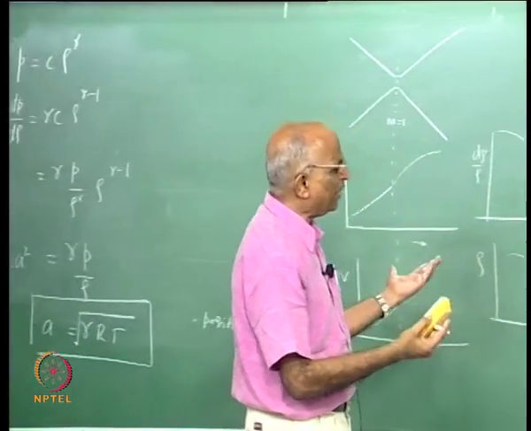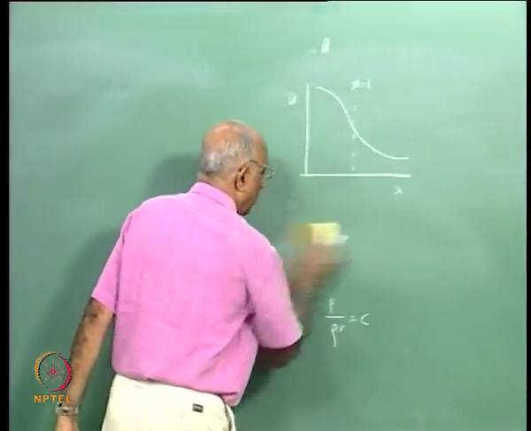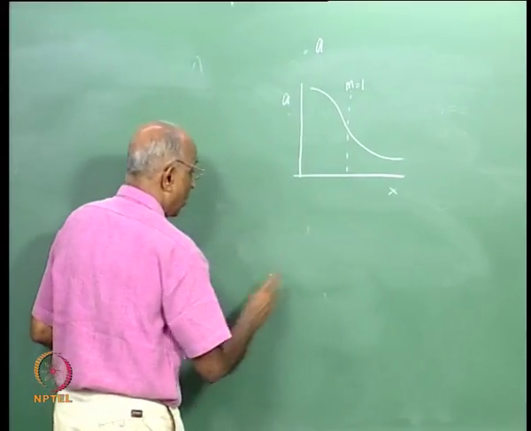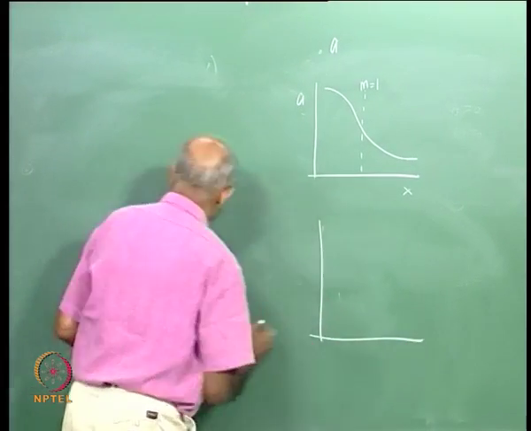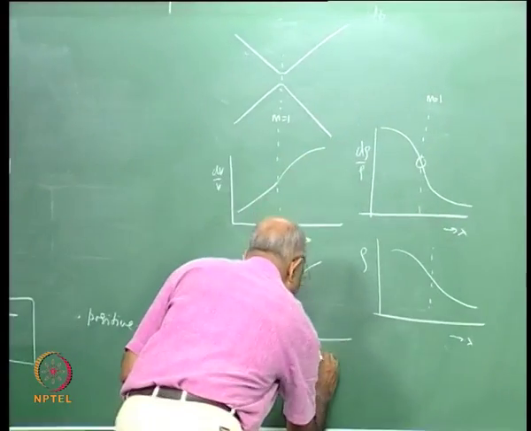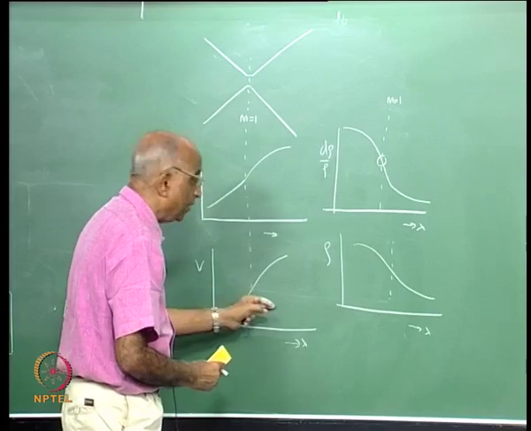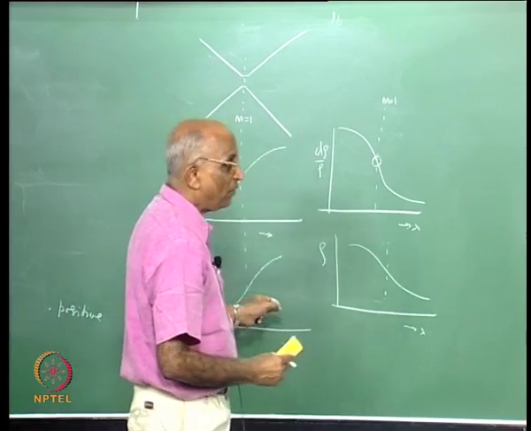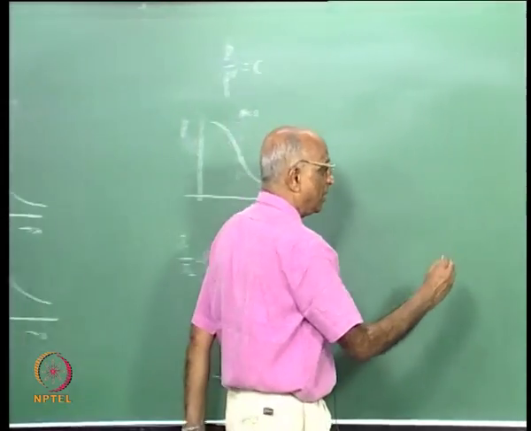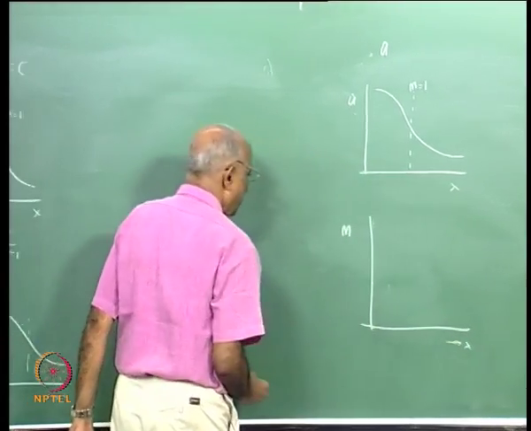One last parameter I can still think of is the Mach number variation along the length. I know the velocity variation which I had over here, velocity changes along x in this particular form. I also find that the sound speed keeps coming down, and therefore if I were to find out the Mach number variation as a function of x, what is it I get?